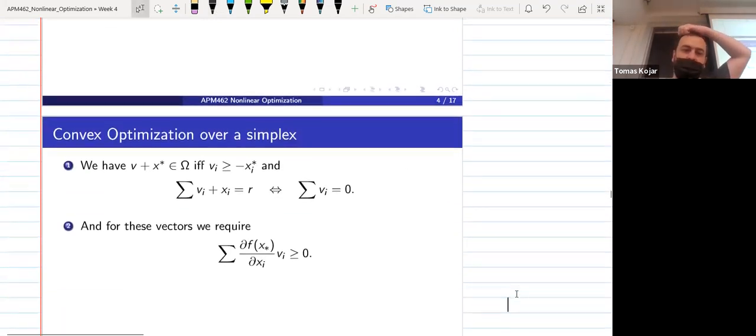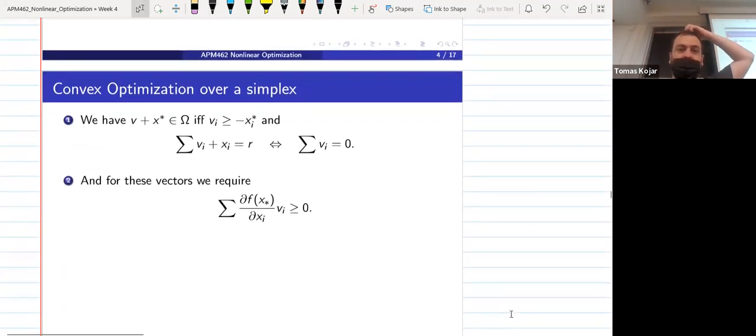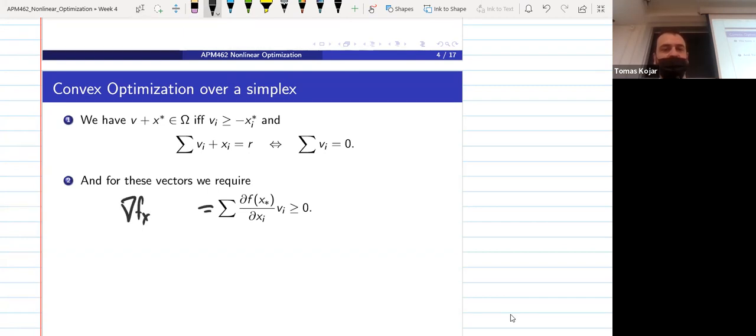And to have a local min, when you take the dot product, you need it to be non-negative. For a local max, you need it to be non-positive. This is the gradient at x star dotted with v.